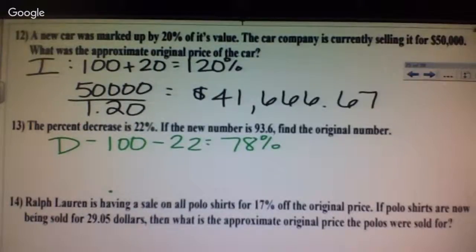As a decimal is 0.78. And because I'm looking for the original, I divide. 93.6 divided by 0.78. What is my original number?